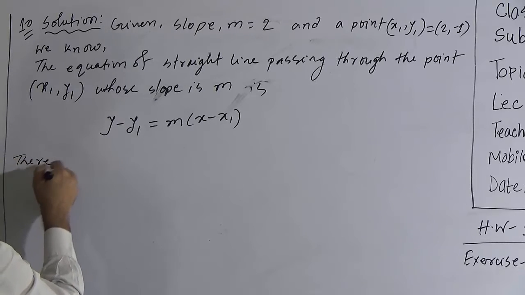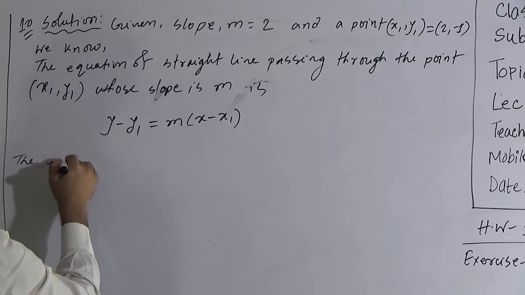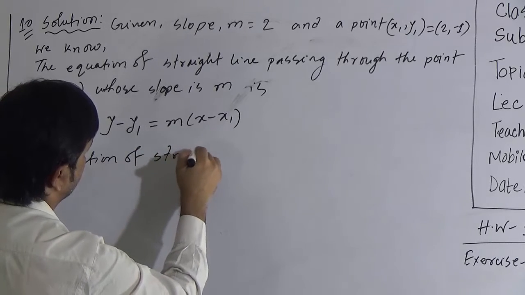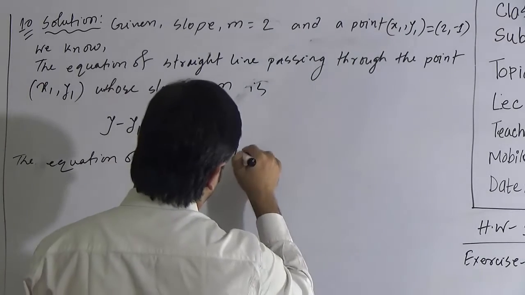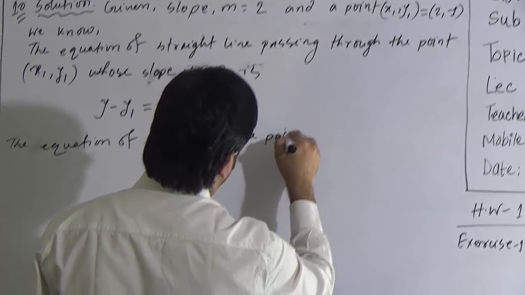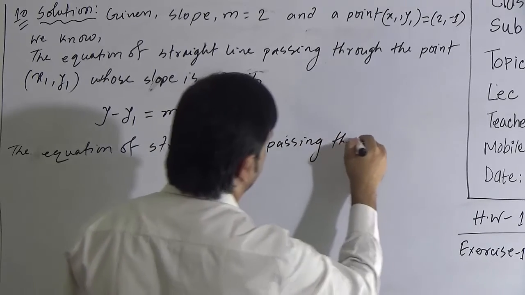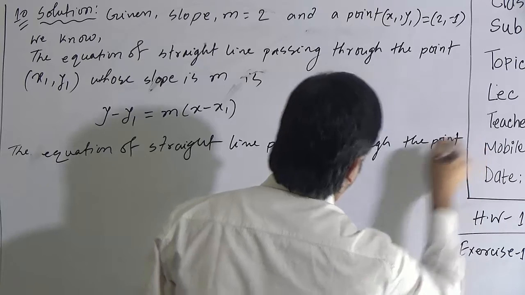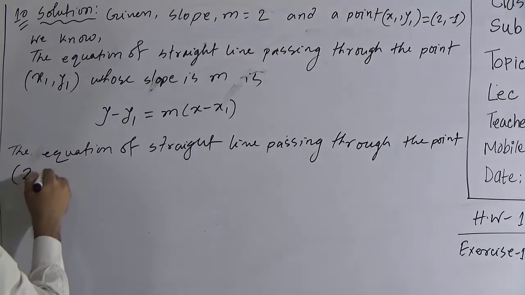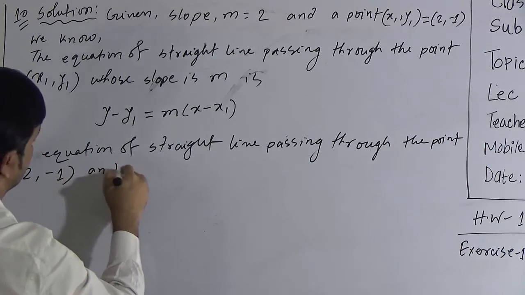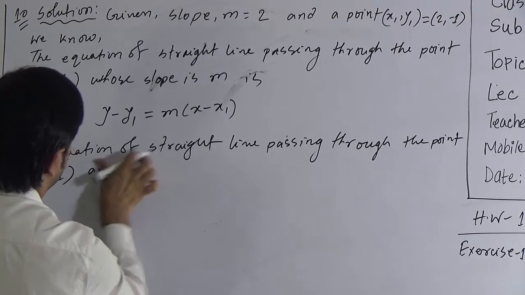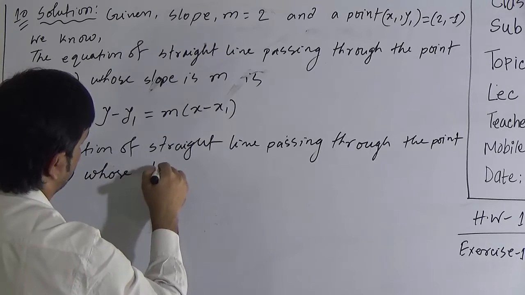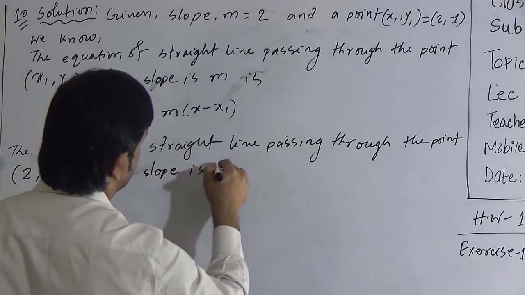Therefore, the equation of straight line passing through the point 2, minus 1 and whose slope is 2.